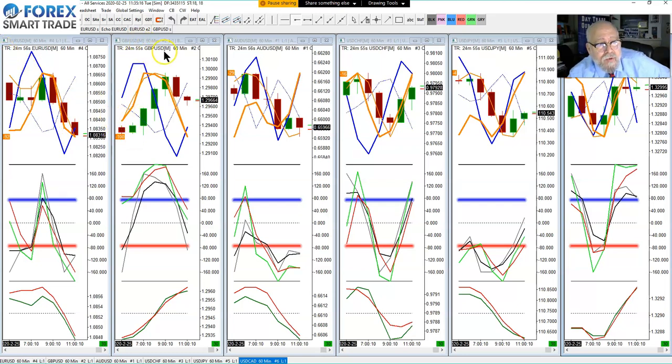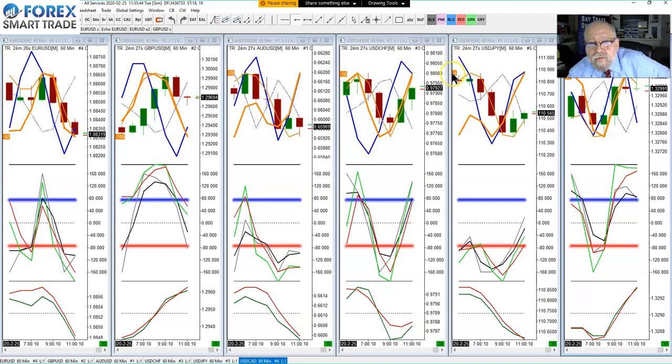Here, pound dollar, we have a minus 100, which is part A of the signal, but we don't have the majors and minors below the thick orange line. So we don't have both indicators. So we're going to pass. Minus 28 isn't close enough to 0 or minus 100. We will pass. Minus 16 isn't close enough to 0 or minus 100, so we're going to pass.